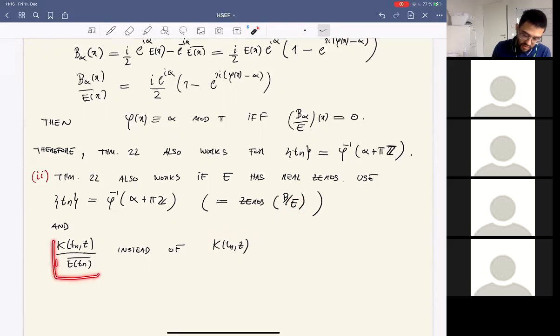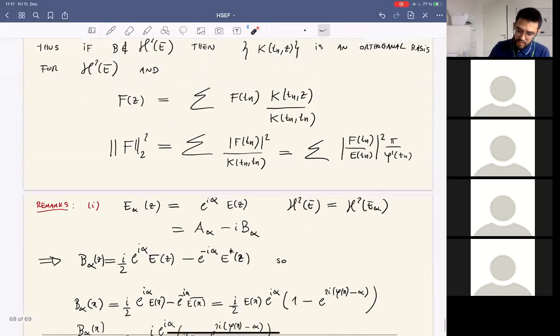If you use this guy here instead, with the evaluation at the point T_n as a limit, this thing here is a function in the space. And this is, again, one of the problems in the book, to find an expression for this, even when T_n is a zero of E, okay? And then you have to use those functions here.